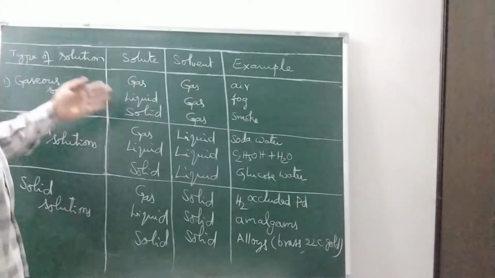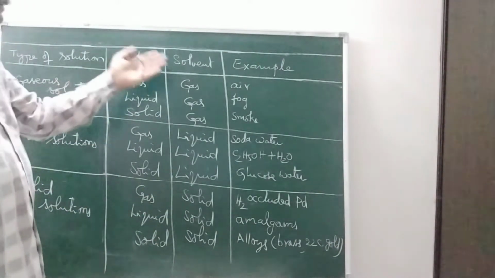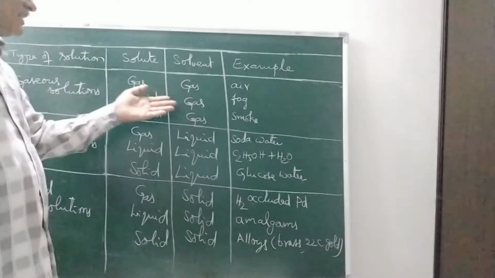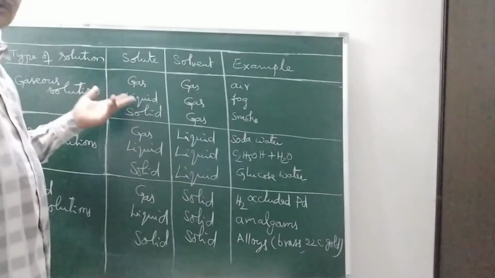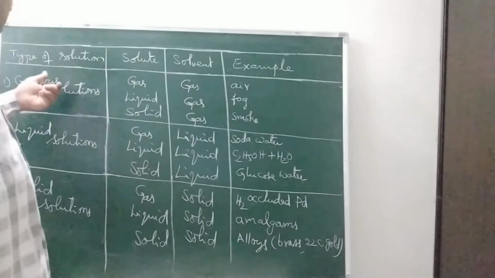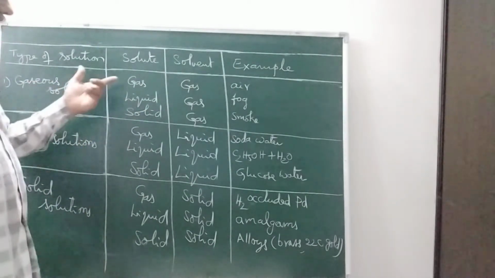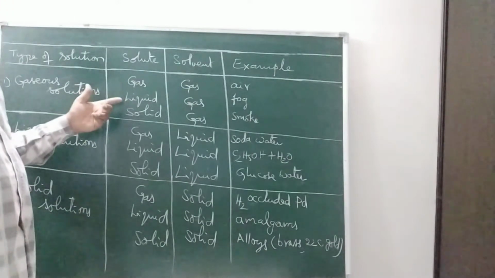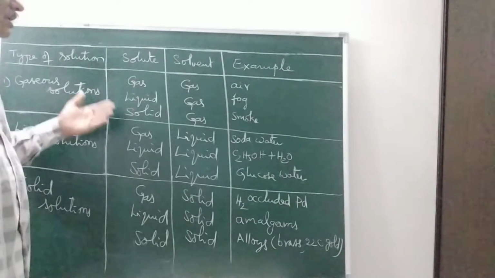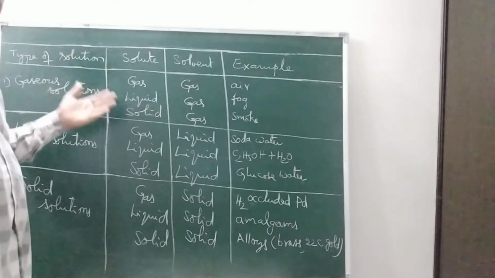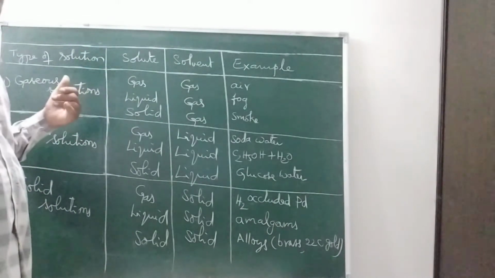So, in gaseous solutions, the solvent must be a gas. That means the solute may be either gas or liquid or solid. In this way, each type of solution is again divided into three types. That means a total of 9 types of solutions are present based on the physical states of the components.